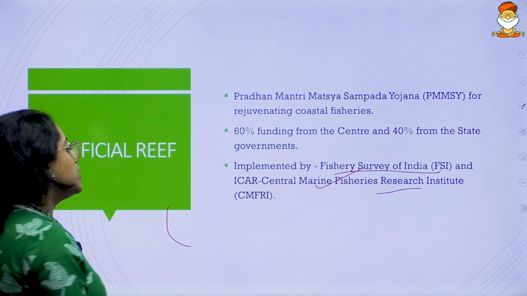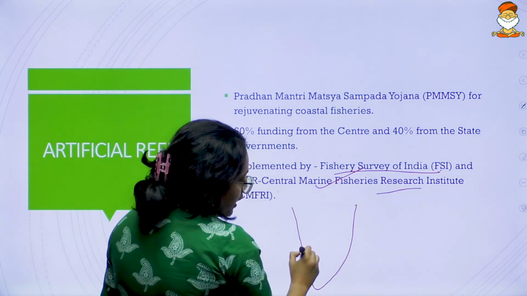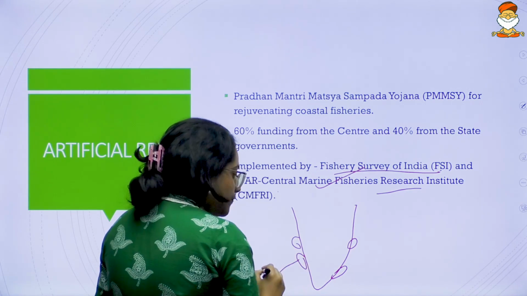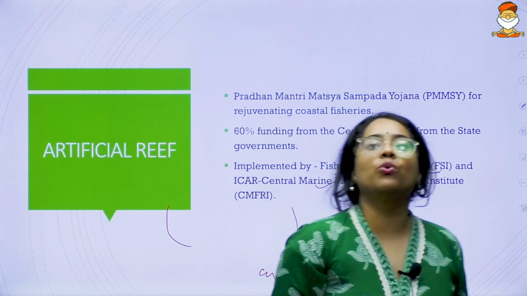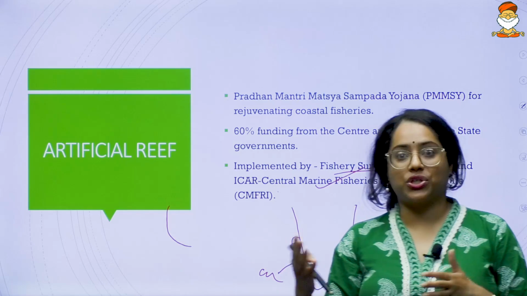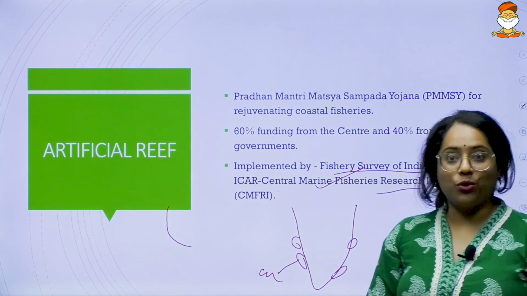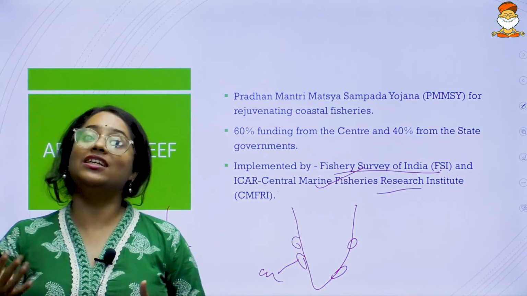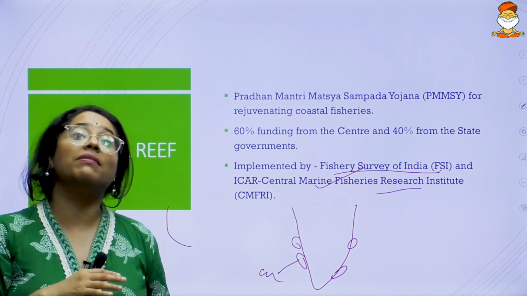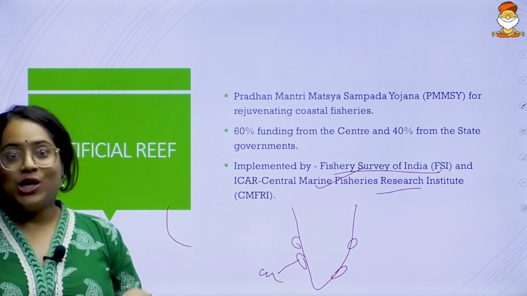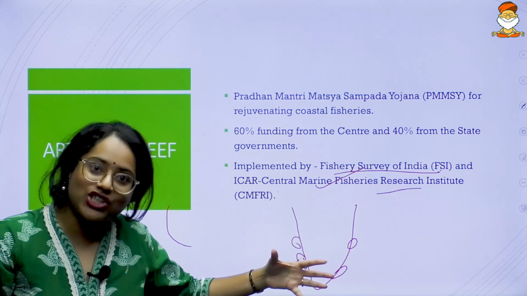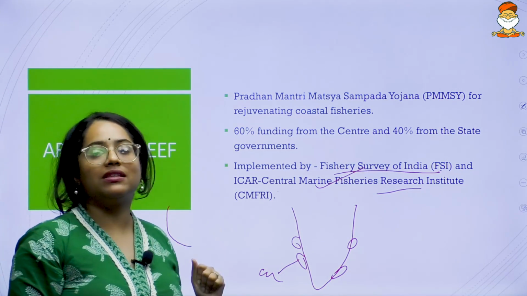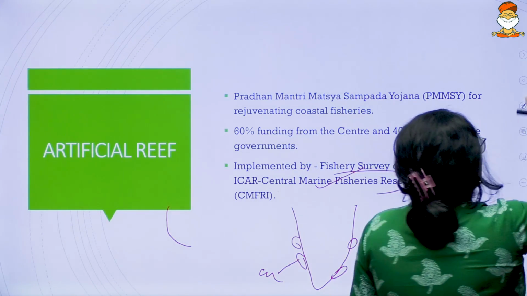What we are trying to do is create different reefs in your coastal areas. Artificial reefs will also improve the fish population or the marine population over there. So this will improve the economy in the coastal areas. This is the reason why it comes under the Pradhan Mantri Matsya Sampada Yojana. So it's artificial reef creation, but it's not under the Ministry of Environment and Forest, it's under the Pradhan Mantri Matsya Sampada Yojana.